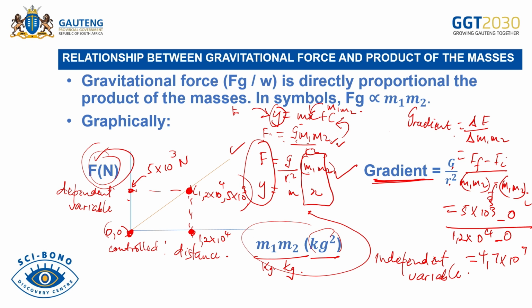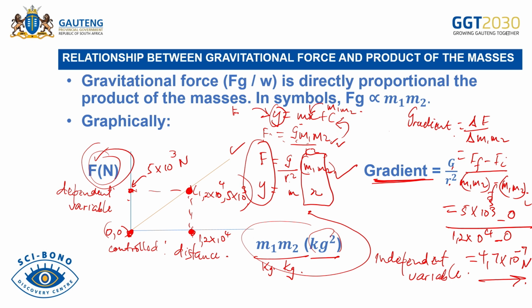Yes. So here I'm getting 4.17 times 10 to the power negative 1, 2, 3... so here should be negative 7. Okay. So that is the gradient.